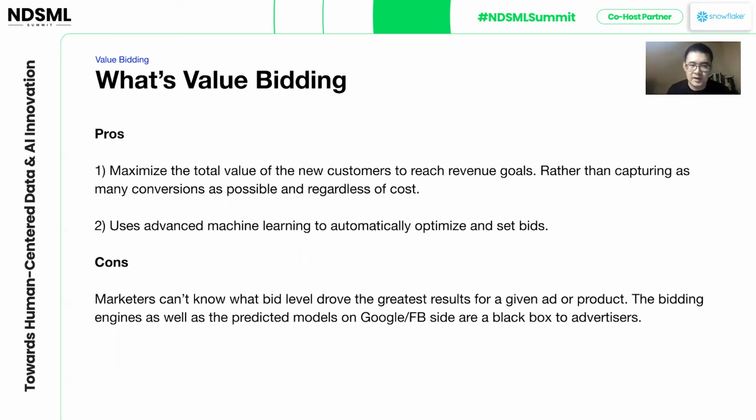What we are going to talk about is the pros and cons of the value bidding. Like I said, one of the objectives is to maximize the total value using the bidding strategies. However, the con is that the bidding strategy, or the bid itself, is a black box to you. We are not able to know how Facebook or Google choose the users with high value and low value.